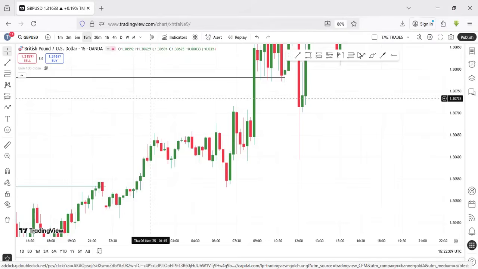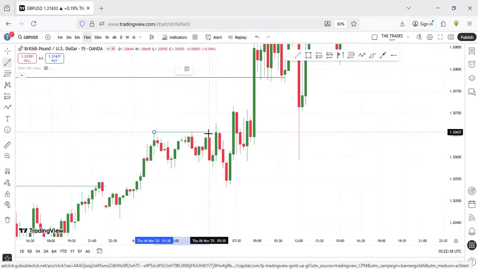Let me put it like this. Okay, let's identify this. This is the start of the Asian session, and this is the end of the Asian session here. Now, this is the low created during the Asian session.